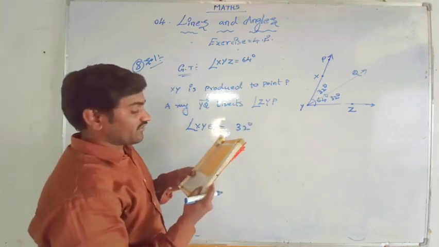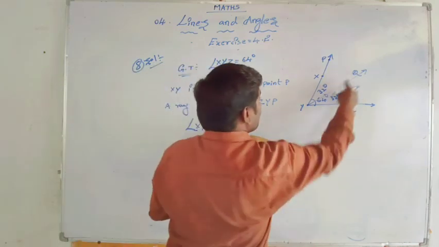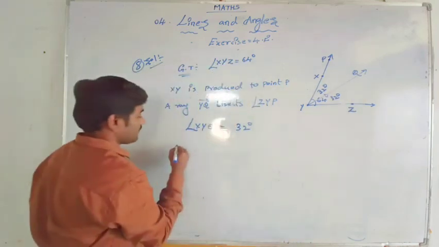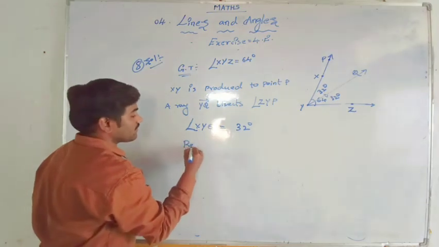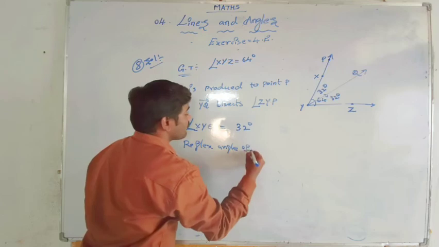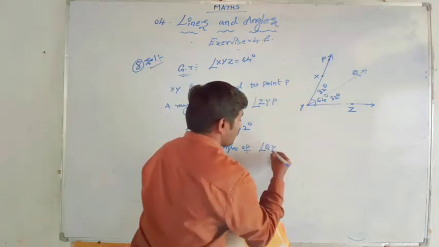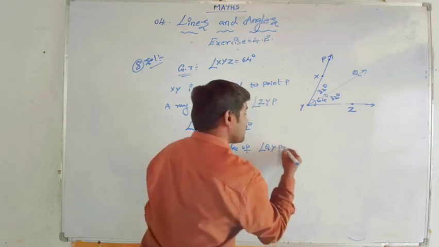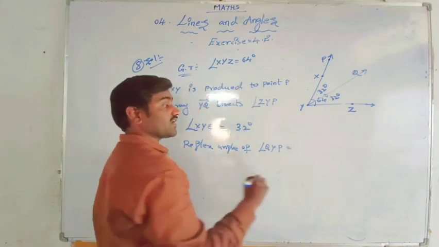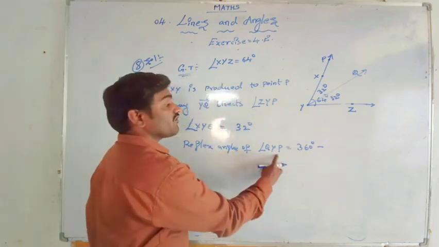And the reflex angle of QYP. Reflex in the sense, as I already said, we have to subtract from 360 degrees. 360 minus QYP is what?